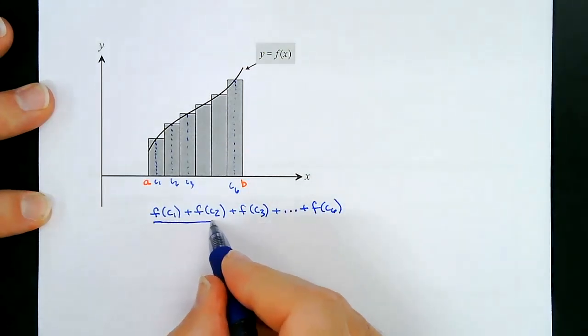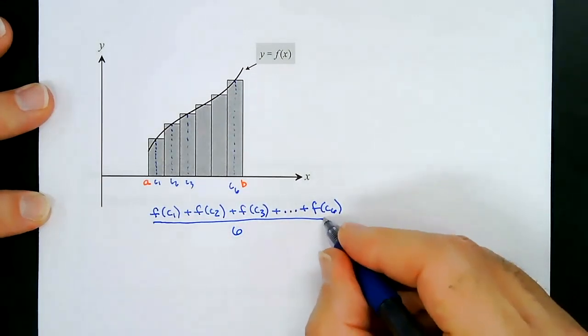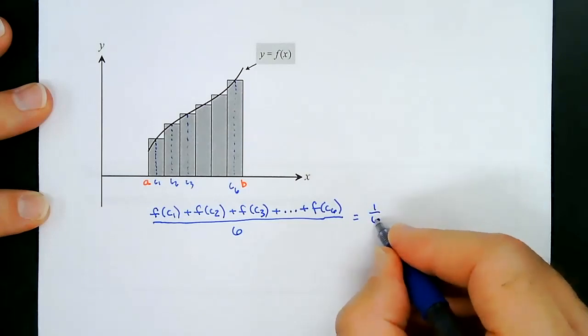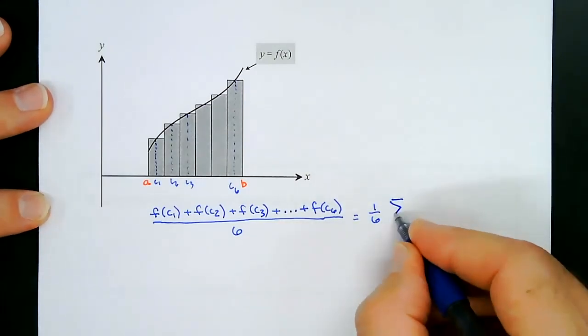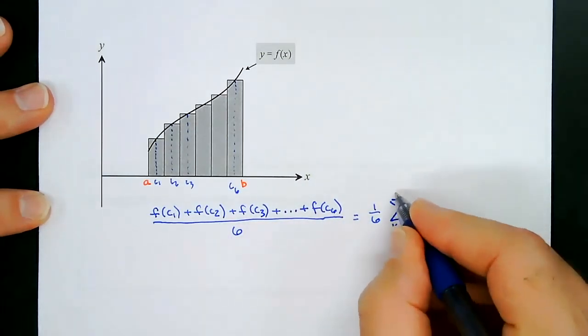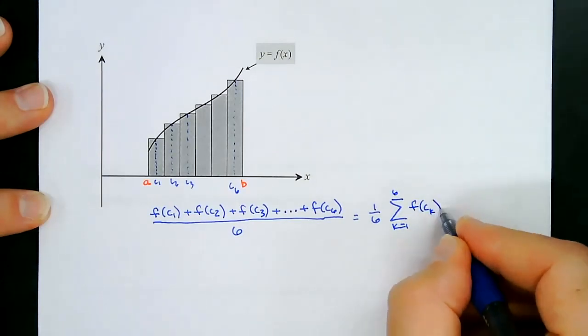And we would divide by 6 because there's 6 of them. Once again, we can write this in sigma notation. This would be 1/6, because dividing by 6 is the same as multiplying by 1/6, times the sum from k equals 1 to 6 of f of c sub k.